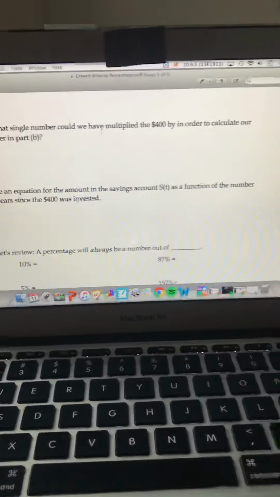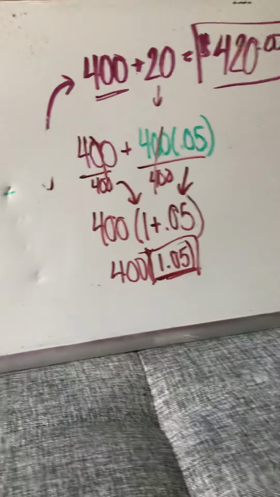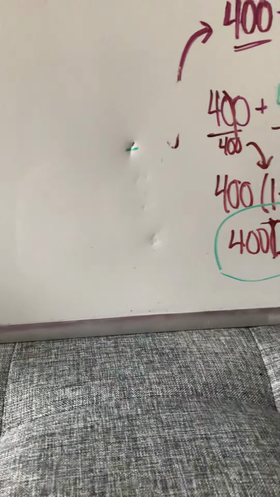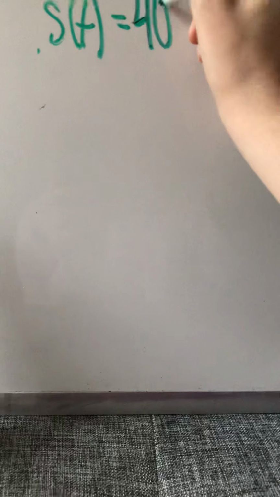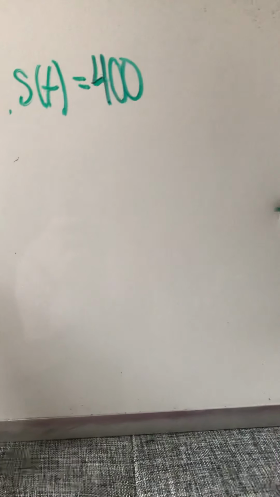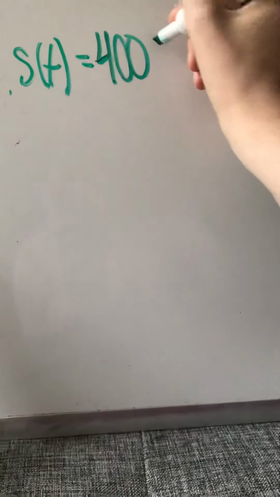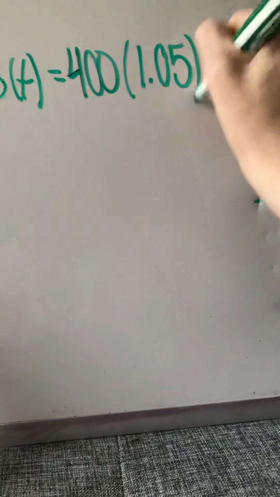Well, how did we get our values here? How did I get 420? This is when you guys are just going to put your full circle all together here. You started with an initial amount of $400. That is so important. Then from there, we took one number and we multiplied it by that 1.05.